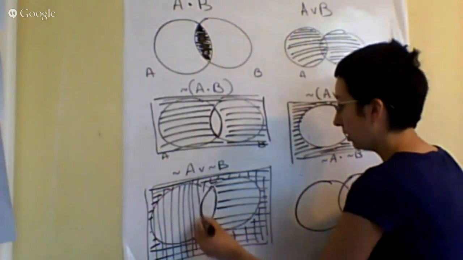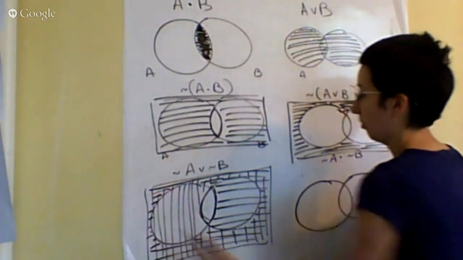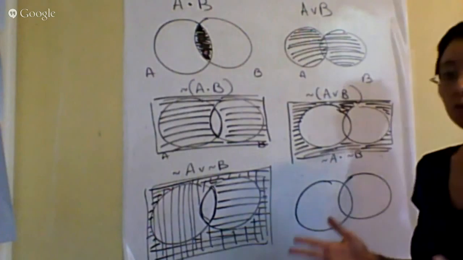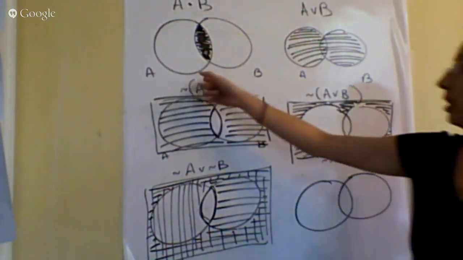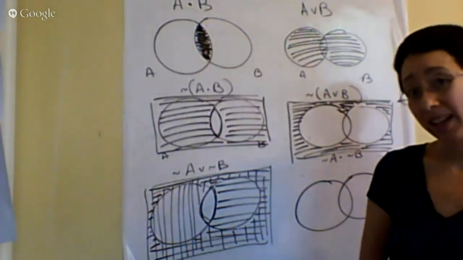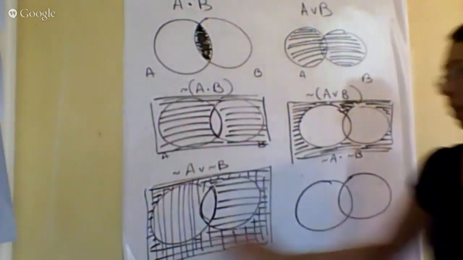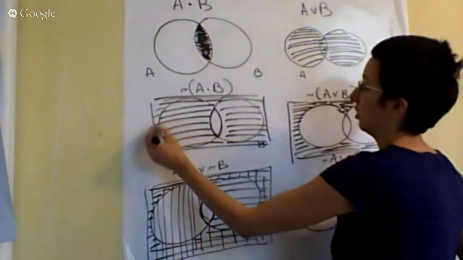It's that same marquise shape in the middle. So this is one way of demonstrating that these two propositions actually say the same thing. They're logically equivalent, because they describe the same worlds.